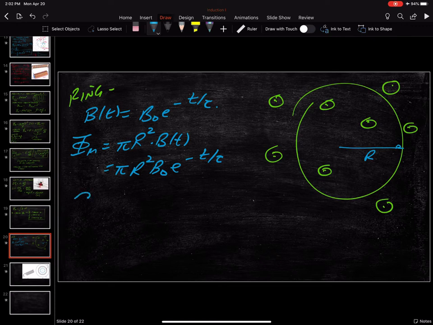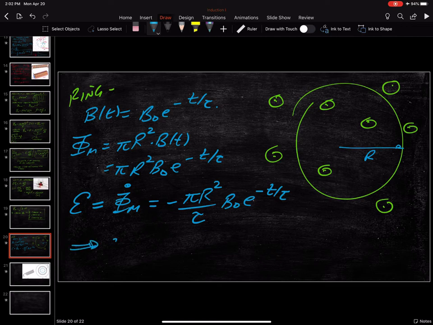And that induced voltage should be just, again, minus phi_m dot, which will be pi r squared over tau, B0 e to the minus t over tau. There you go. So yes, there is an induced voltage, which means that there's going to be an induced current, which would just be the voltage divided by the resistance. But here's the question. Which direction?